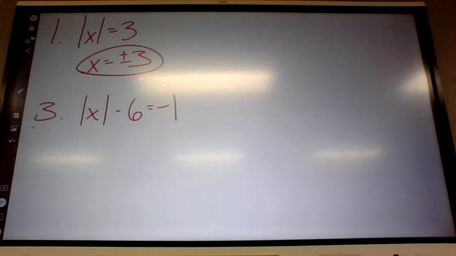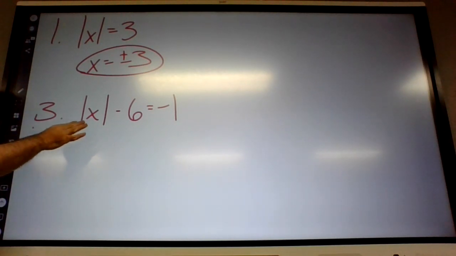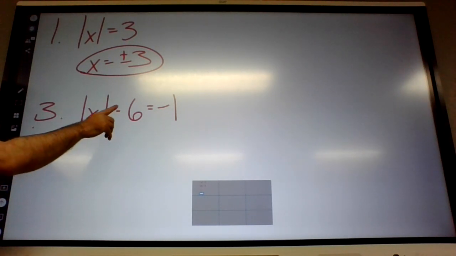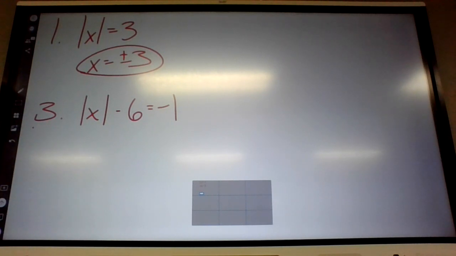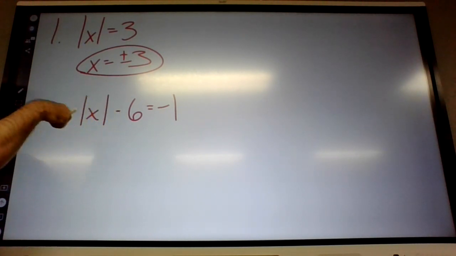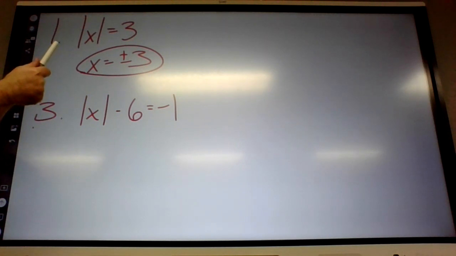Okay, if the absolute value is not by itself on one side of the equals, you need to get it by itself. So Leah, how could I get rid of this minus 6? How do we get rid of a minus 6? What's the opposite of minus?